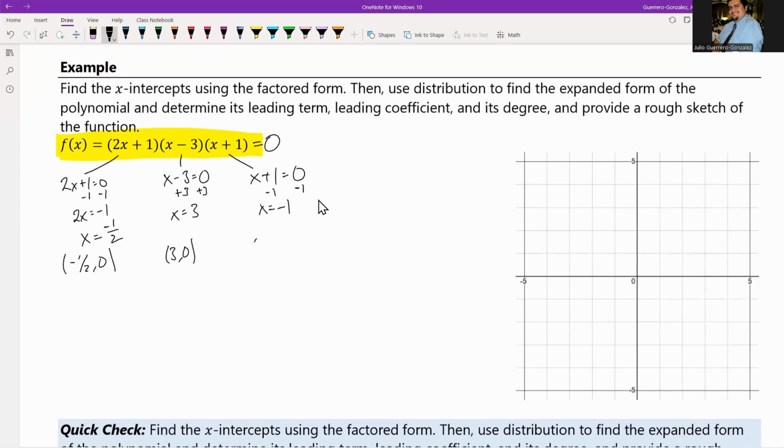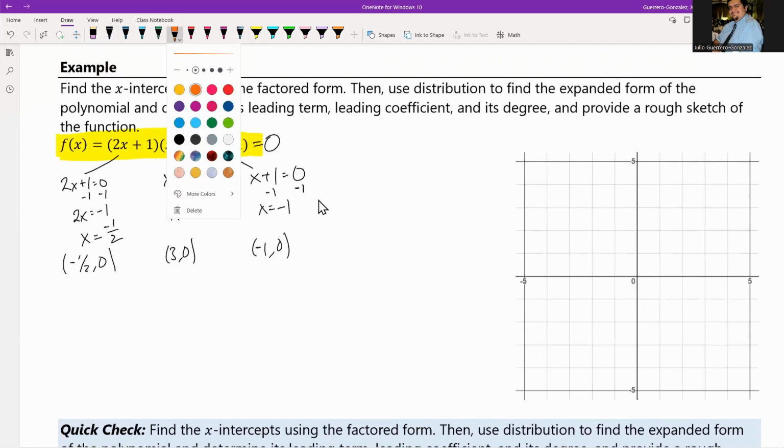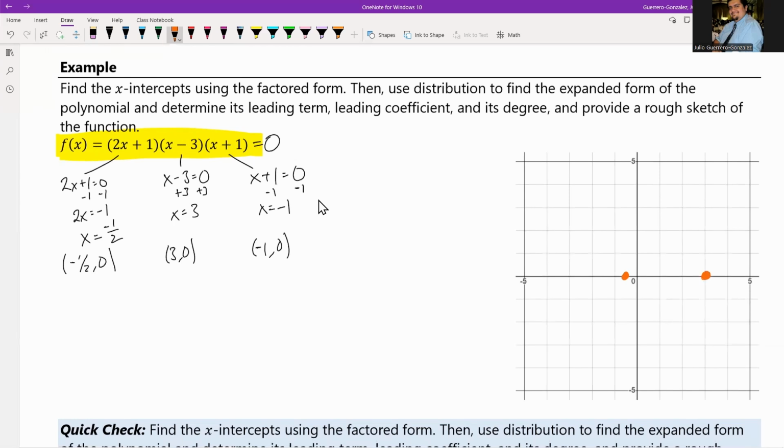And another one's going to be (-1, 0). So we know our graph, and I'm going to do it in this orange, has to cross in 3 spots. It's going to have to cross at negative 1/2 right here. It's going to have to cross at 3, so 1, 2, 3 right here, and it's going to need to cross at negative 1 right here. Got it?